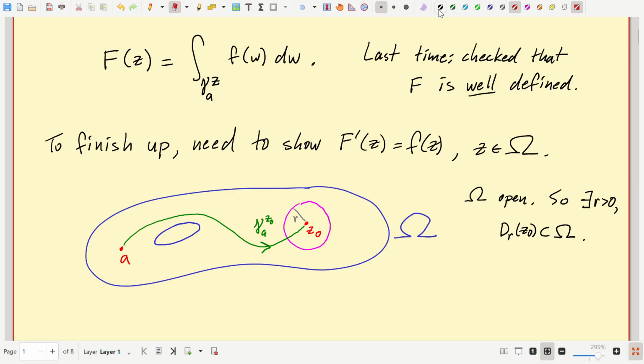So I'll take this z naught to be here, and I'll take z here.